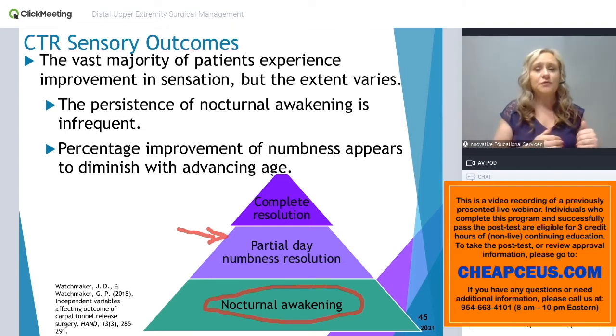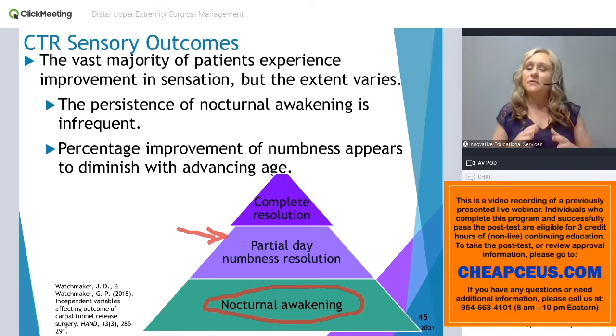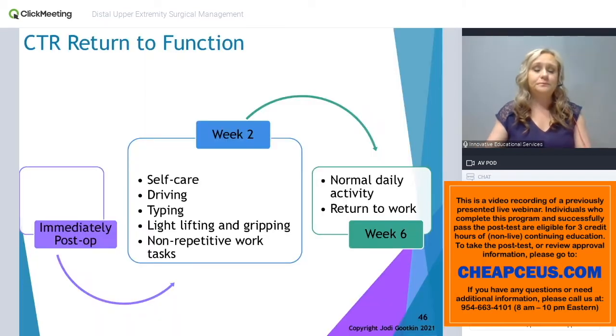If someone's under 40, about 71% achieved full recovery. Under 80 years old, 60% achieved full recovery. And if they were over 80, only about 43% had full sensory return. That's another area to highlight, particularly related to safety and patient education, with persistent sensory loss potentially occurring.